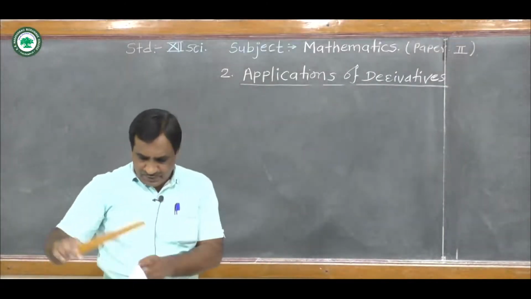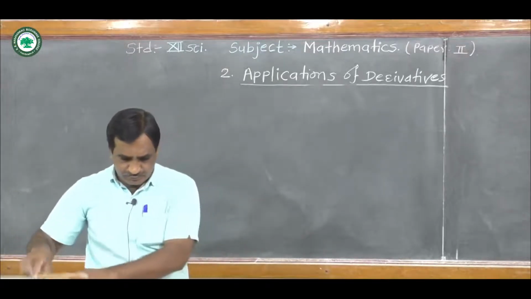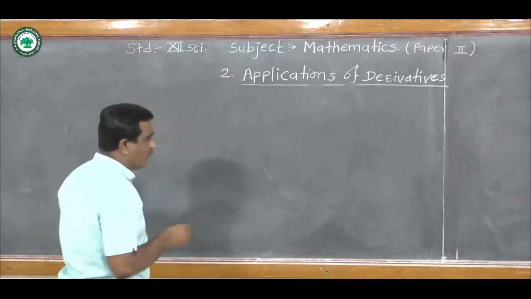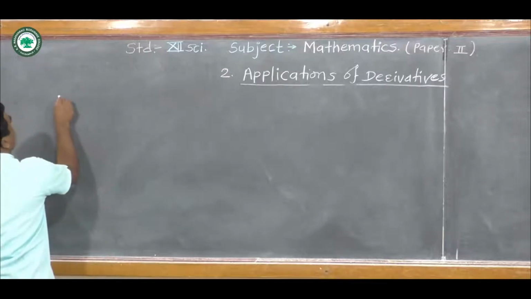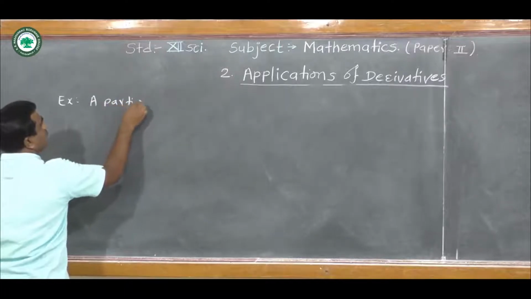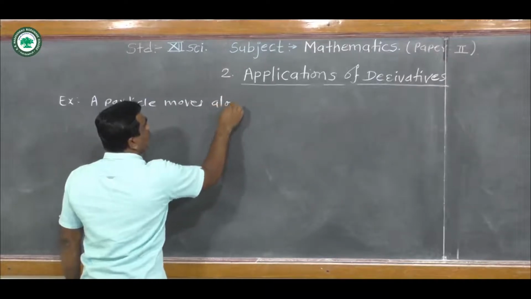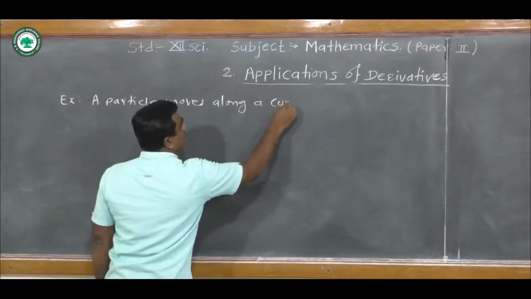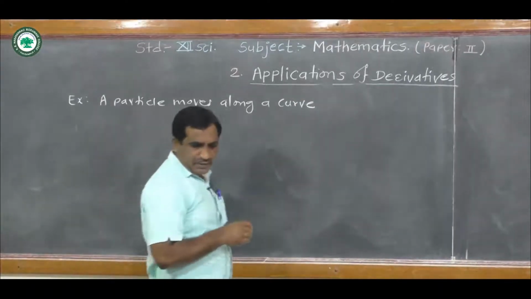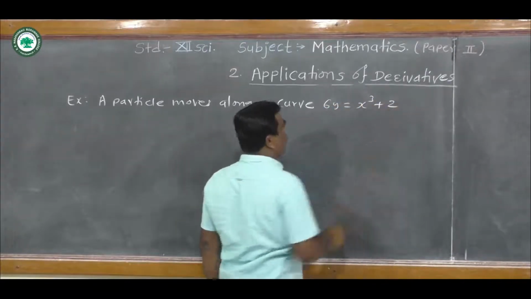Now next example. A particle moves along the curve 6y equal to x cube plus 2.